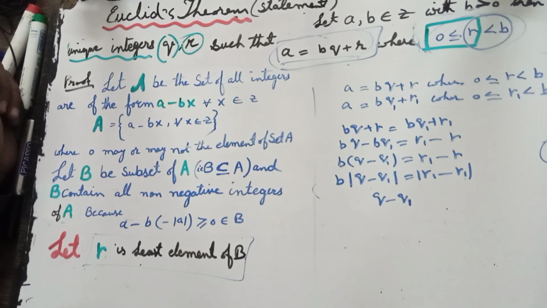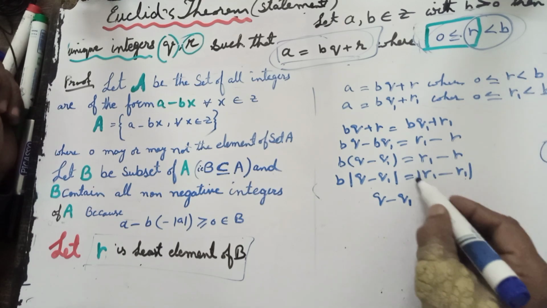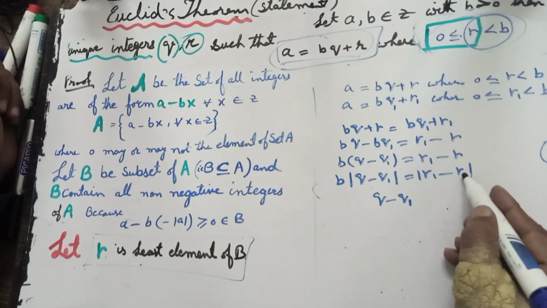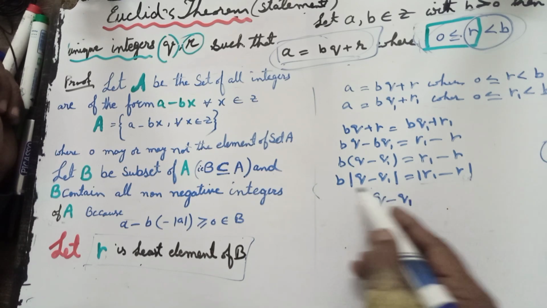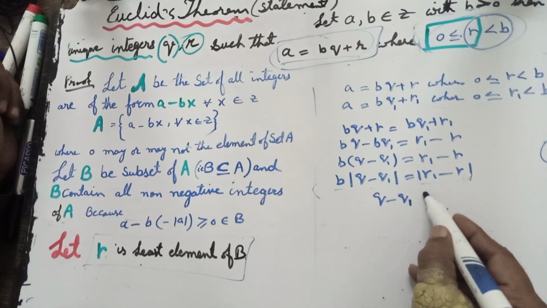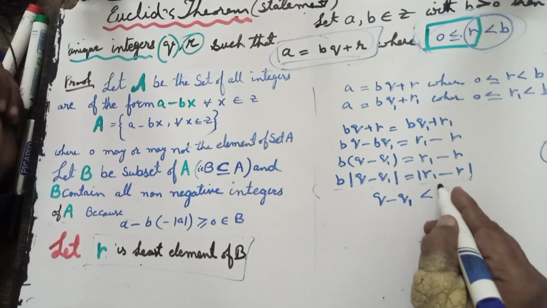Because r1 and r are both less than b, their difference must be less than b. If this is small and this is a big value, this quotient must be less than 1.